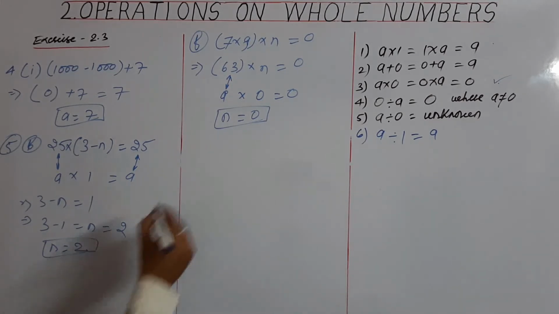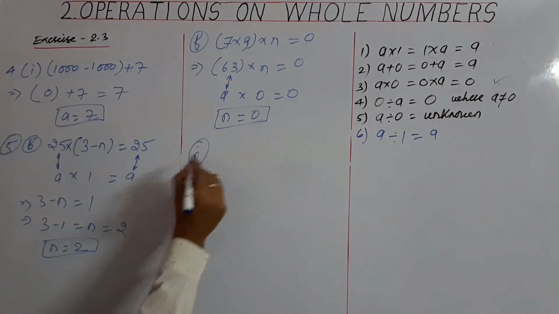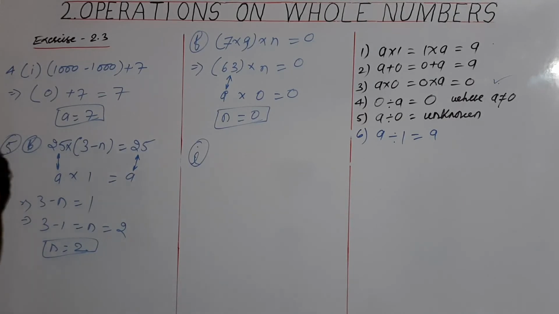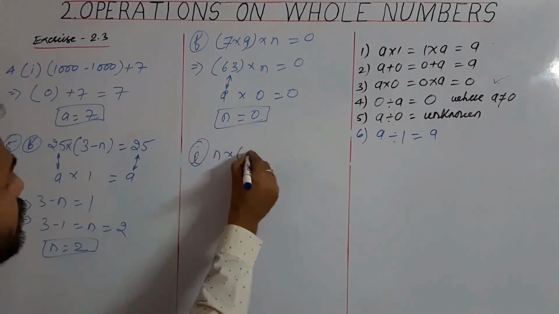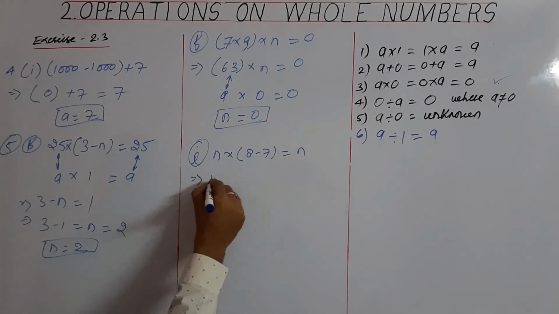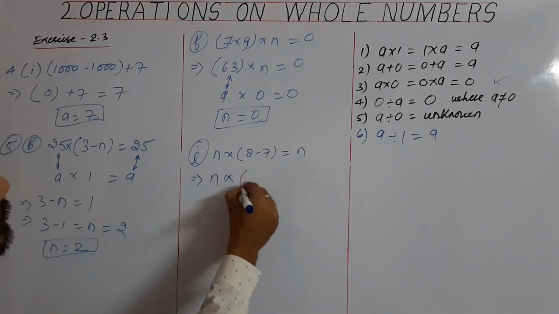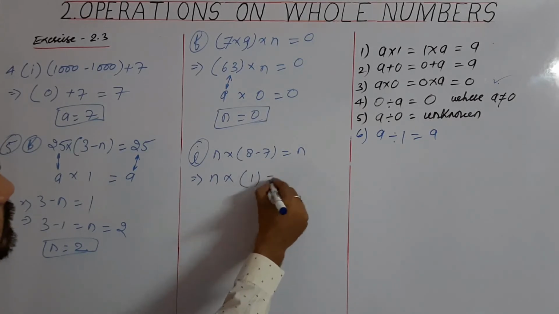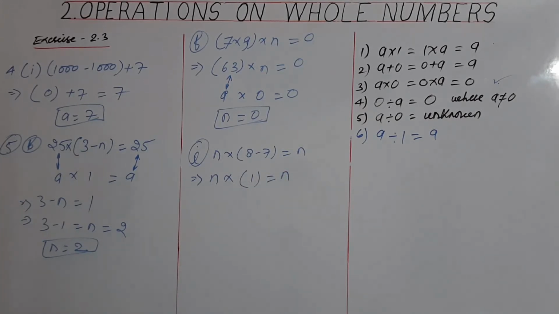Next we will solve I. n into 8 minus 7 equals n. In the next step we will get n into 8 minus 7, which is 1, equals n.